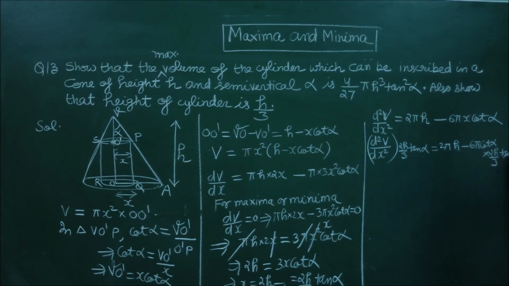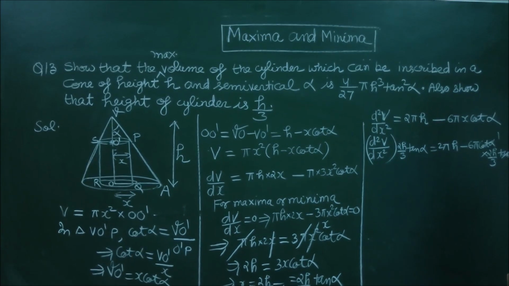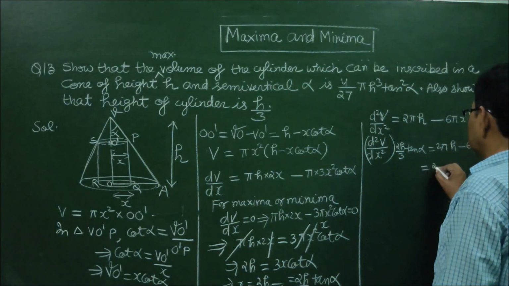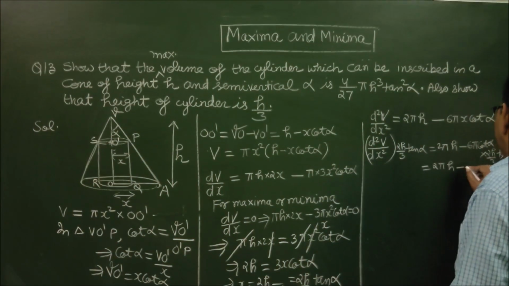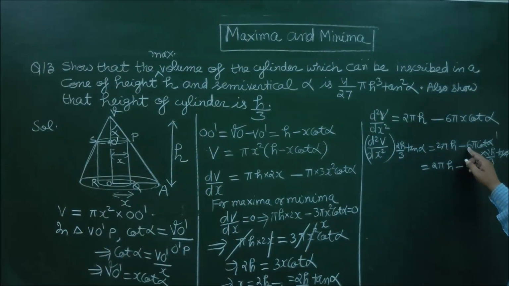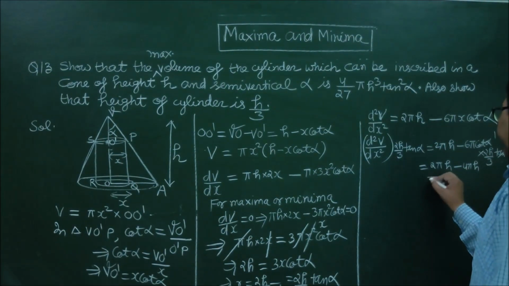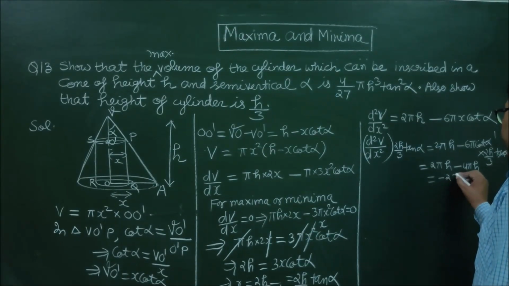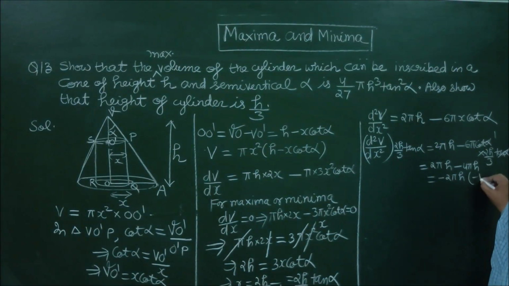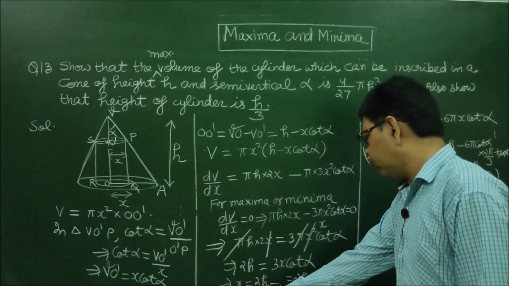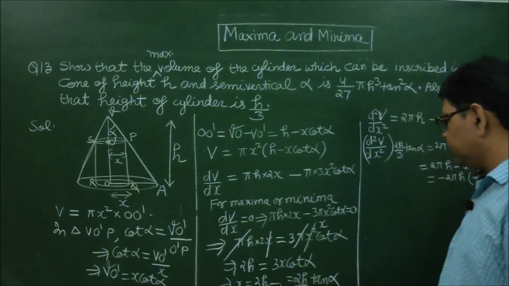Tan alpha and cot alpha cancel, and we get 2 pi h minus 4 pi h, which is equal to minus 2 pi h, a negative quantity. So the second derivative is negative. Therefore the volume is maximum when x is equal to 2h by 3 tan alpha.